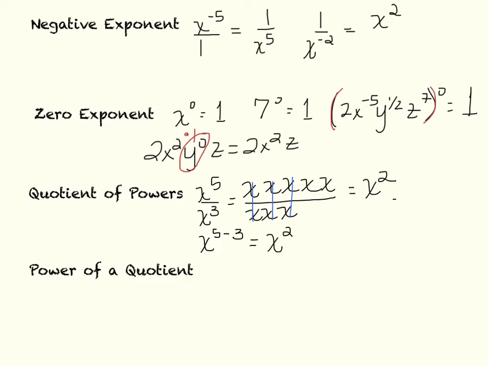If I had x cubed over x to the fifth, and I did that, I would get x to the negative 2, bottom minus top stays on top. But we know we're not allowed to have a negative in the numerator, so I'm going to move that to the denominator.